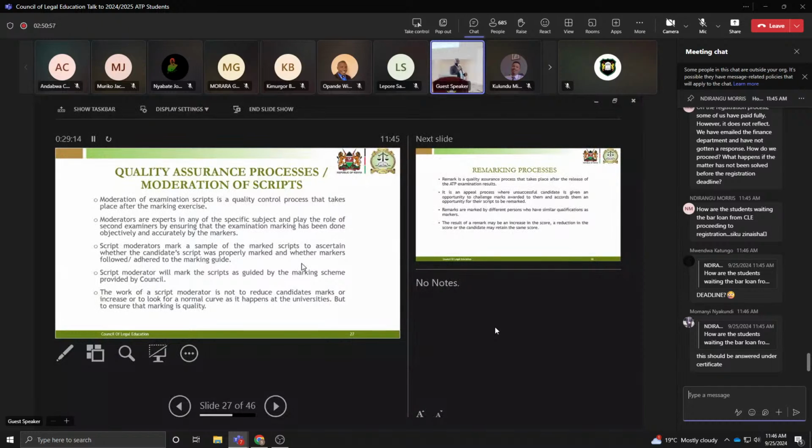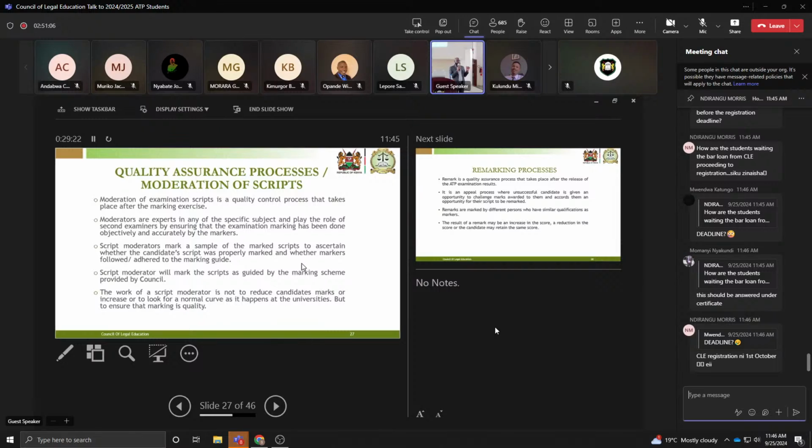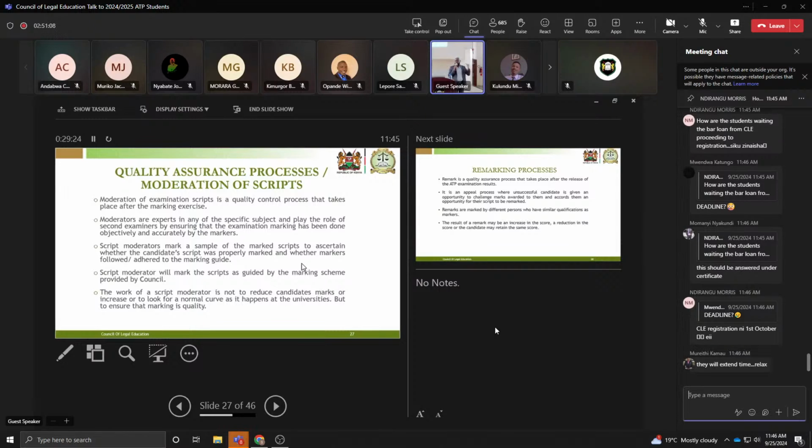The moderator will come in, for instance, this year we might be administering an exam to maybe 1,500 students. Out of that, we have a sampling framework. So out of the 1,500 scripts, a moderator might sample maybe 350 or 400 scripts and go through them.